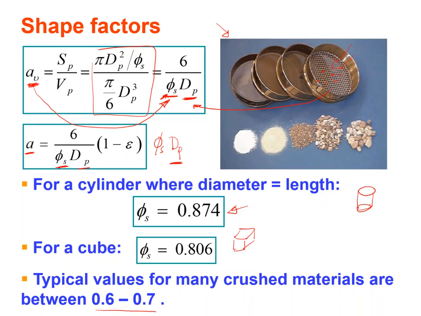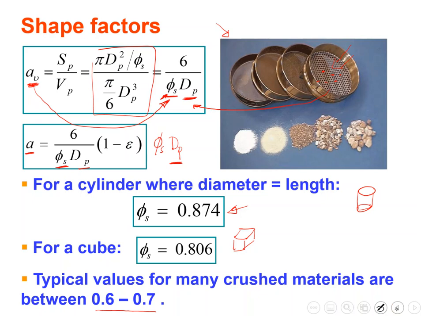So if you are given the sphericity and the nominal diameter, or the sphericity and the equivalent diameter, then this is equal to the effective diameter. All you have to do is replace dp with phi s times the new dp. Of course, it is the same symbol dp in both cases, but you know what the difference between them is now.